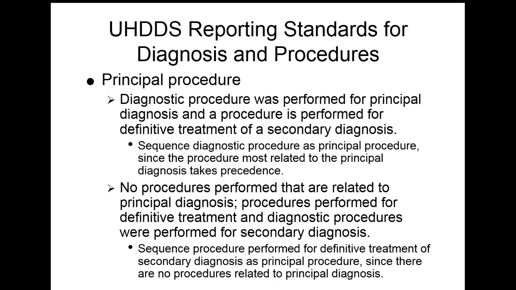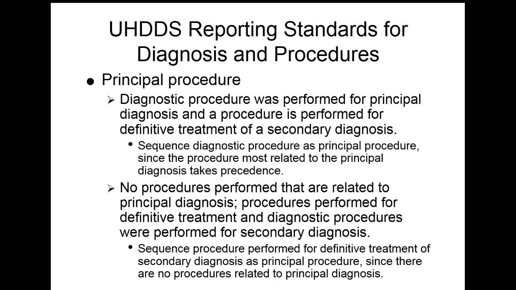Let's say that a patient comes in and they have pneumonia, and while they're in the hospital, they slip and fall and break their hip. Well, there's no procedure that was performed for the principal diagnosis, which is pneumonia, but we have a secondary diagnosis of a fractured hip, and the patient had a hip replacement for that fractured hip.